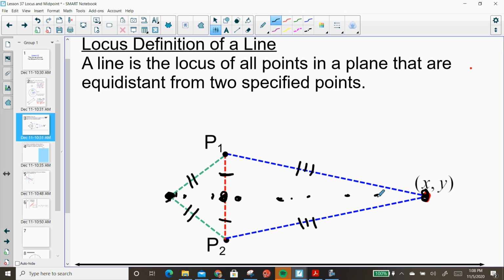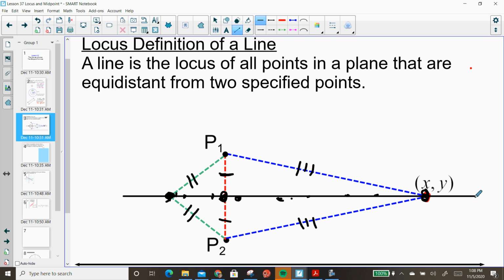If I took those distances to P1 and P2, for each of those, they'd be the same. If it were possible for me to actually draw every single one of those, I would fill this in with no space in between them, and I would then have this line. And every spot you want to pick on that line is the same distance to P1 as it is to P2.